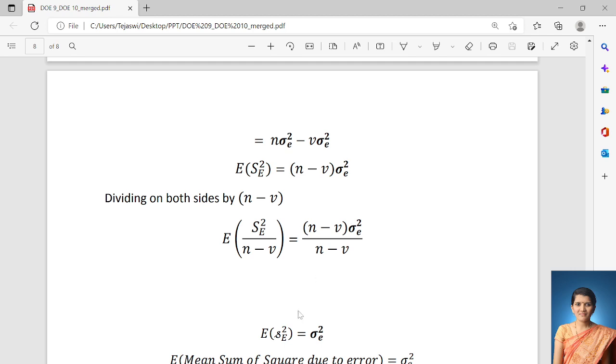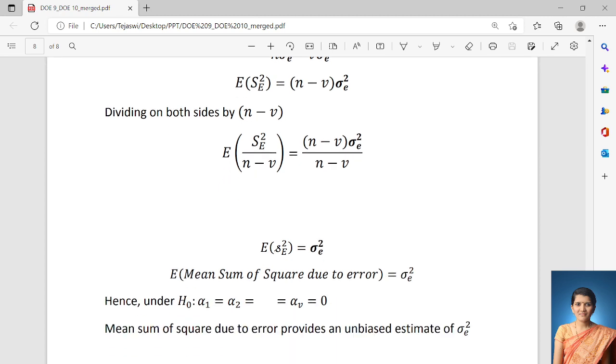So n minus v and n minus v get cancelled, and we get the expectation of the mean sum of square equal to sigma square. There is no bias. So without any condition, the expectation of the mean sum of square due to error is an unbiased estimate of sigma square. This is the proof. Under H0 it follows, but even without any condition, the mean sum of square due to error provides an unbiased estimate of sigma square.